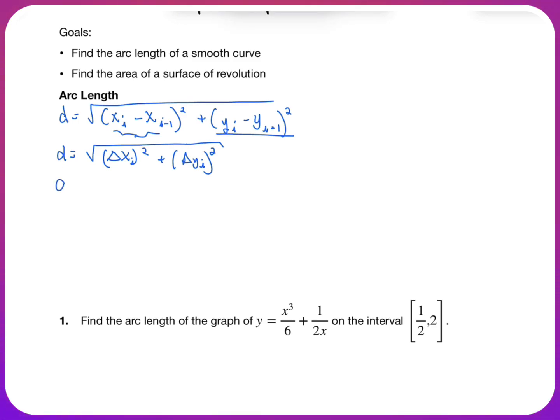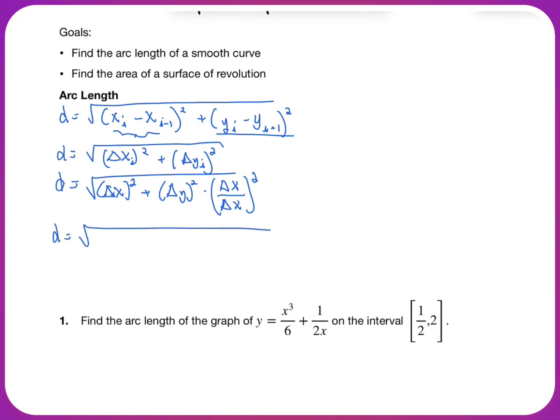Now, to help us do some algebra with this, I'm going to multiply by 1. So I'm going to choose to multiply my second term, delta y squared, by 1 in the form of delta x squared over delta x squared.